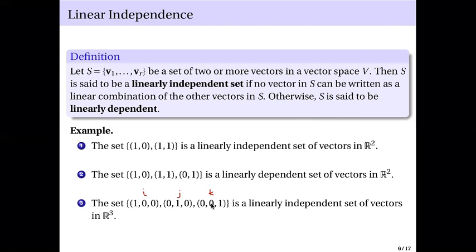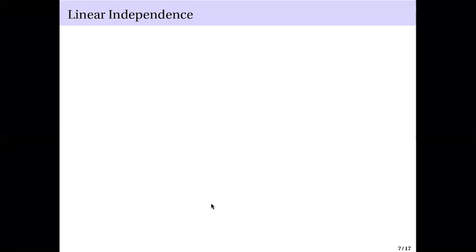Okay? So at this point, we are just trying to guess linear combinations. Is it unique, or can we write one vector in terms of the other vectors in a given set?